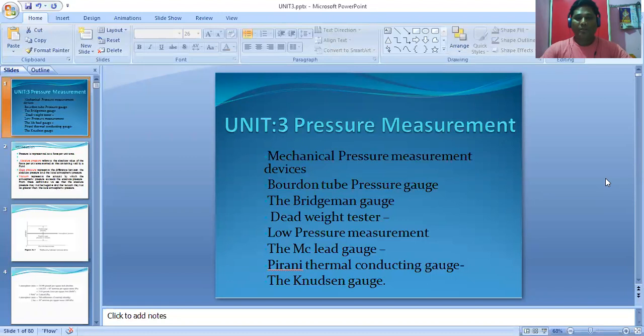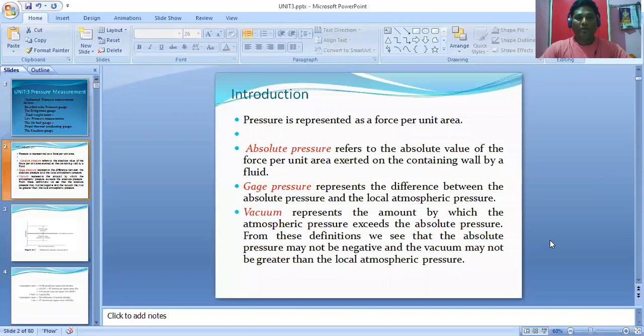In pressure measurement, just to give an introduction about how pressure is measured in instrumentation. Pressure is represented as force per unit area for the particular device in the mechanical part.